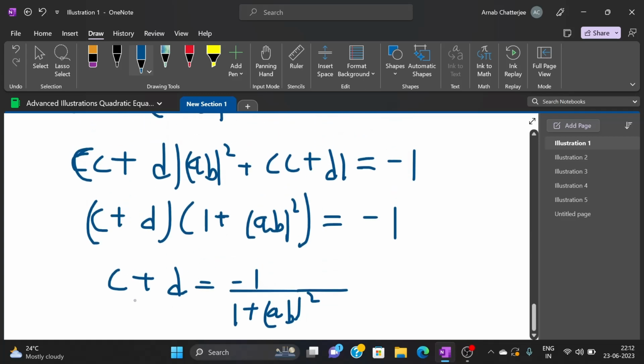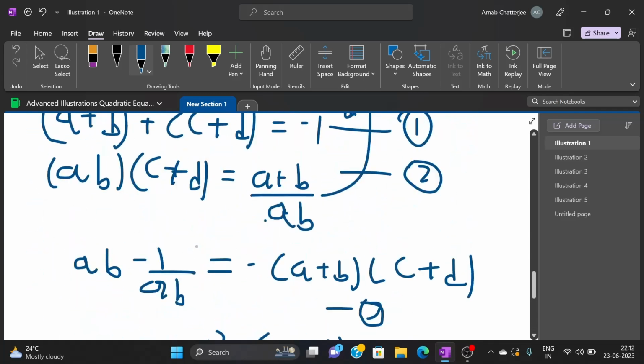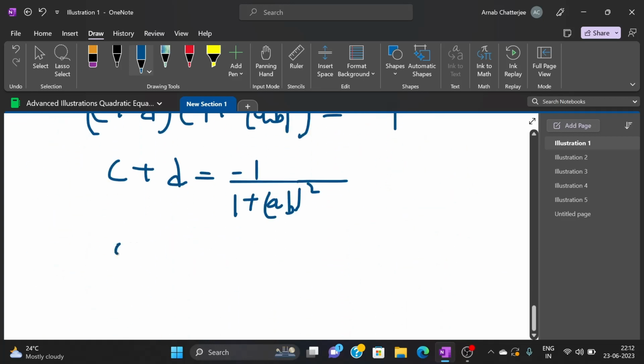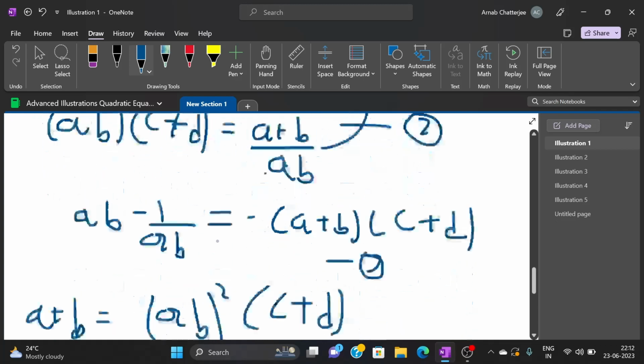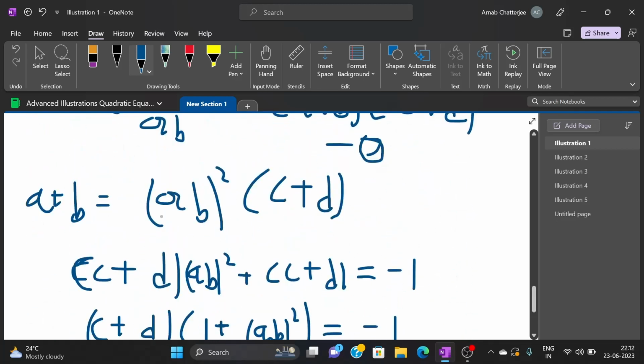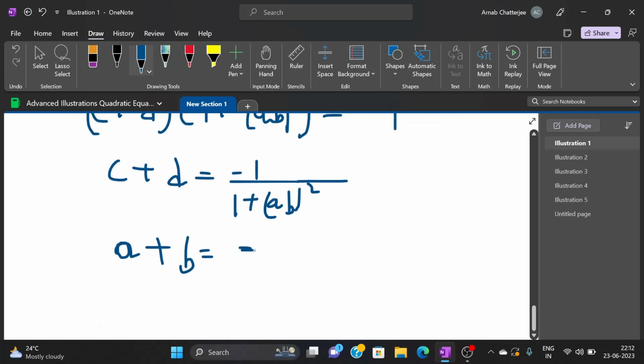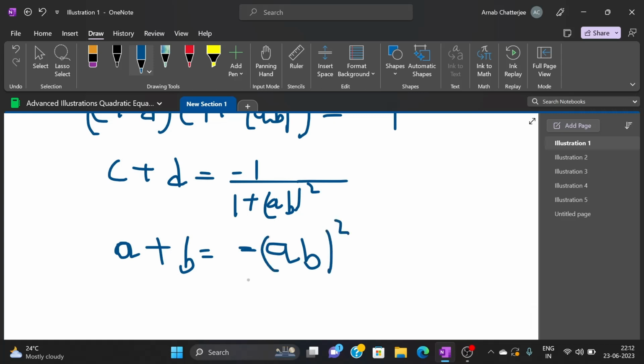Now what I need is A plus B. We had here A plus B equal to (AB) whole square into (C plus D), so that is equal to minus of (AB) whole square upon 1 plus (AB) whole square.